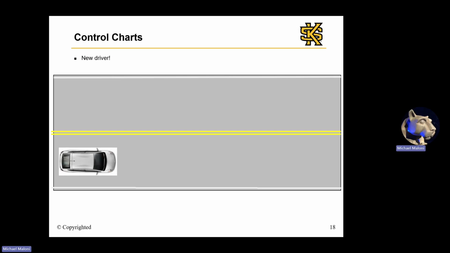And this represents our lower control limit, the LCL. And then finally, we'd also like them to stay mostly in the center and between the yellow and the white lines. That middle is the center line. We can't really see it on an actual road, but we can certainly imagine.